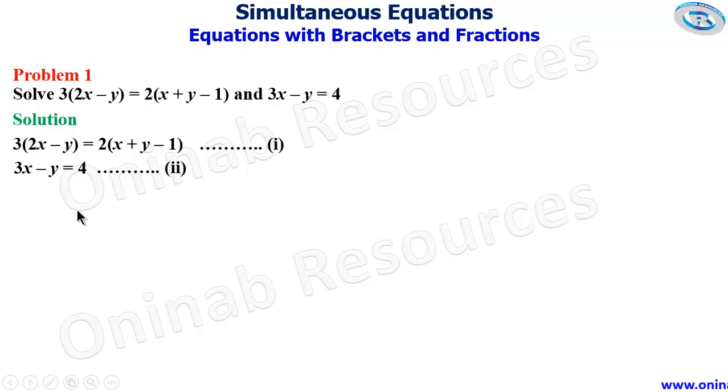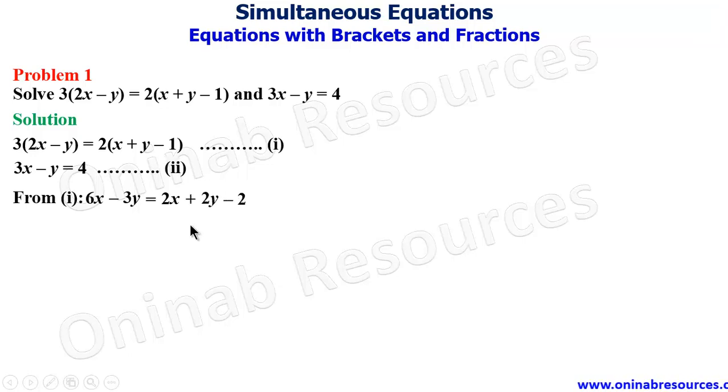So from equation 1, we are going to expand the bracket and simplify. So we have 6x - 3y = 2x + 2y - 2. So we have 6x grouped together with 2x and negative 3y grouped together with 2y.